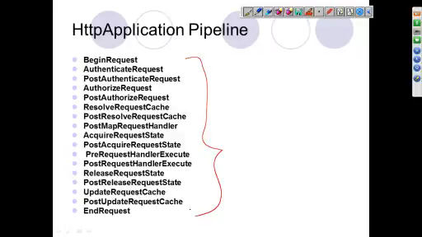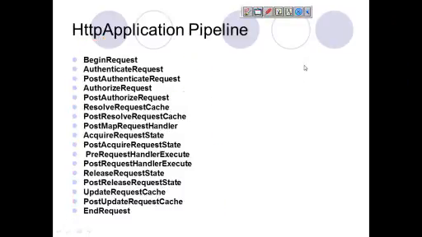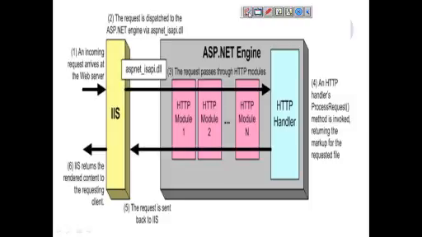Whenever you send a request to IIS, the web server, for a resource, an HTTP application object is created and these events are executed. Your request will first be authenticated, then authorized, and so on. There is no point going into all this nitty-gritty; we'll see the main thing that happens in the entire cycle.